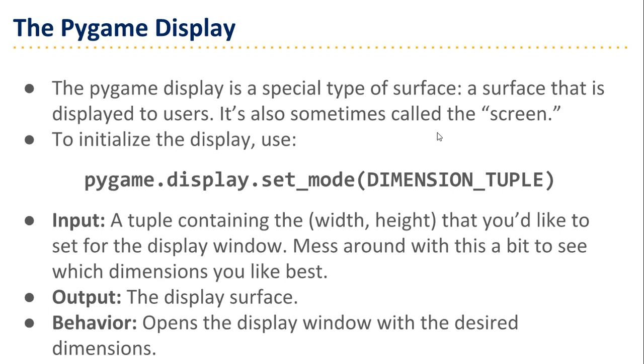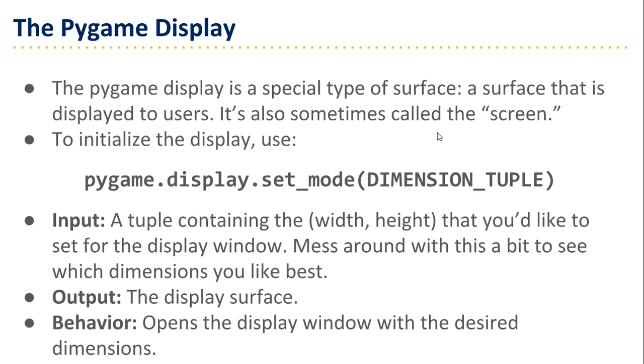The behavior of this is that it opens the display window, so now the user can view something, but it also outputs the particular surface that's being displayed. As I said, a display is just a subtype, a special type of surface, and that's going to be output by this function. So you'll always want to save the output of this function in a variable, because if you don't save it, you can't update it later.